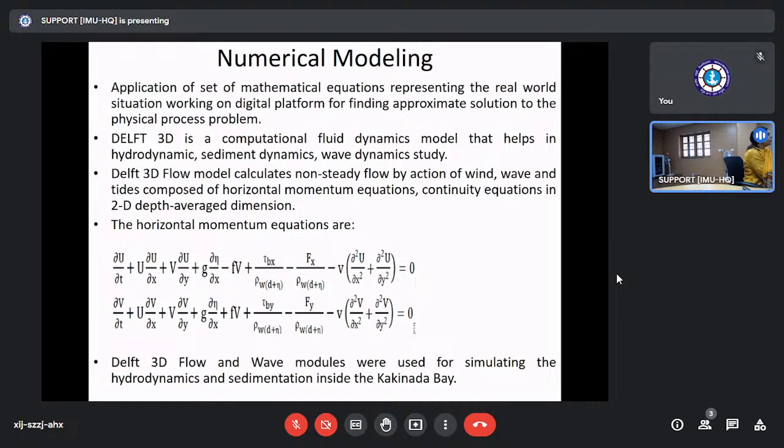Delft3D is a computational fluid dynamics model that helps in studying hydrodynamics, sediment dynamics, wave dynamics, etc. In this study, the Delft3D flow and wave modules were used.